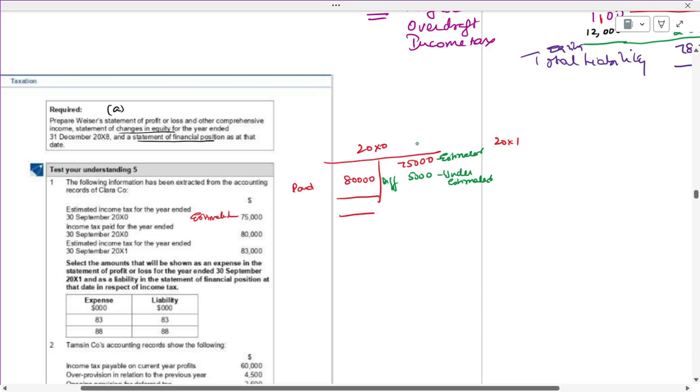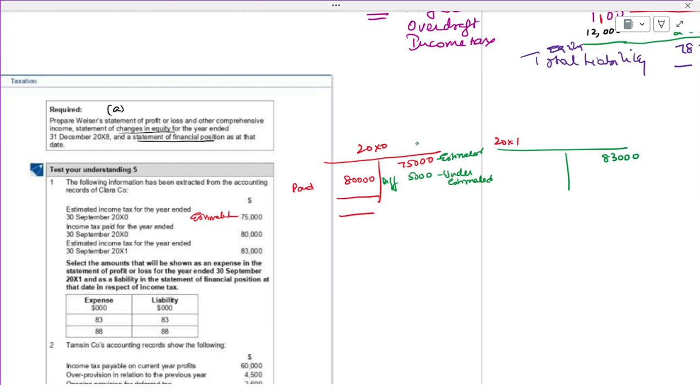Now, how much have they estimated in 2001? Again in 2001 they have estimated 83,000. Last year also you had to make an estimation, in 2000. 2001 means this year.